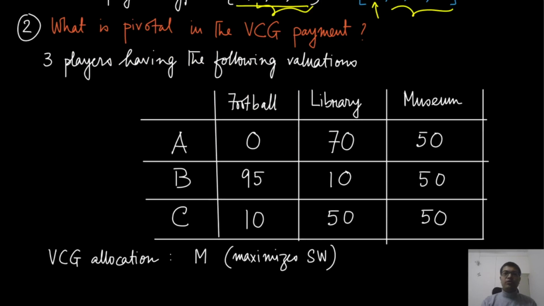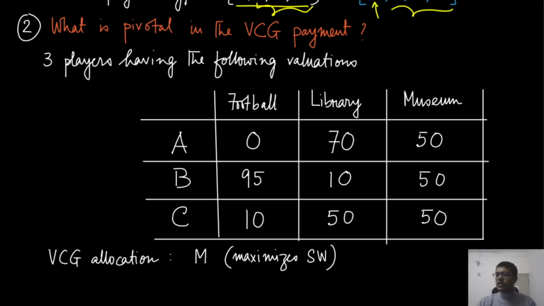Now we have also mentioned that the VCG payment is also known as the pivotal mechanism. So what is pivotal about this mechanism? Let us look at this example. Suppose there are 3 players A, B and C, and there are 3 possible alternatives or allocations that can happen. Either the decision can be to build a football ground, which gives different valuations.